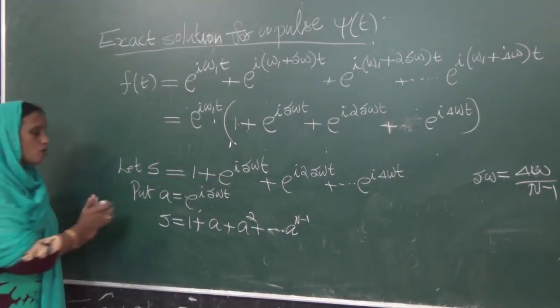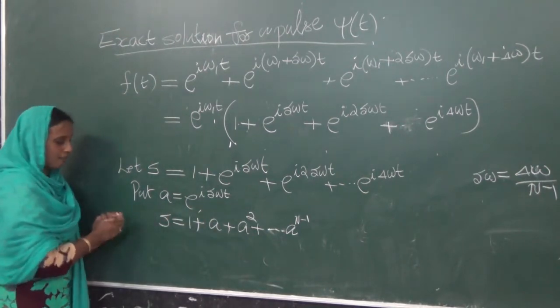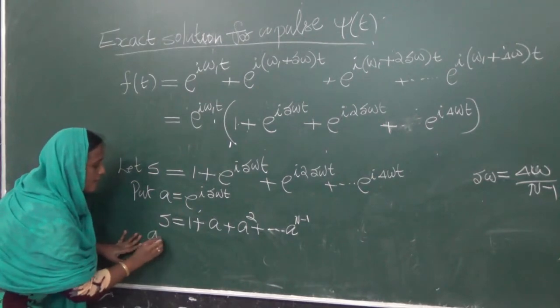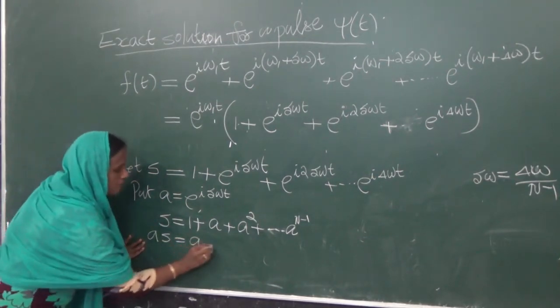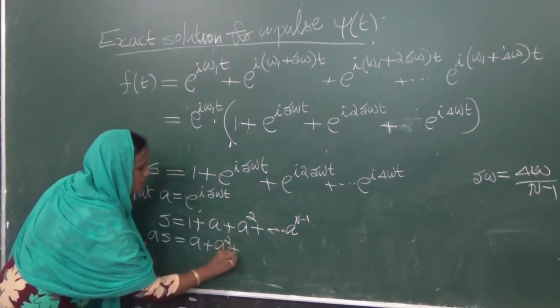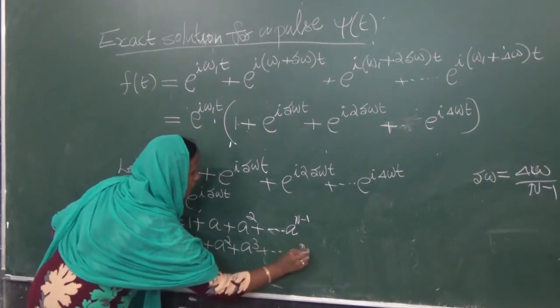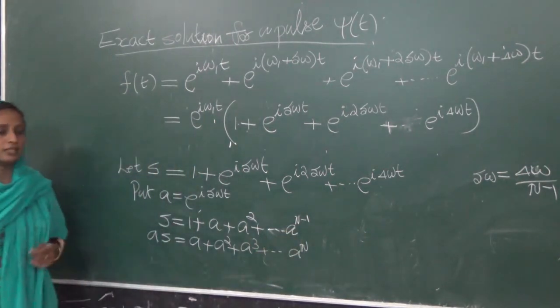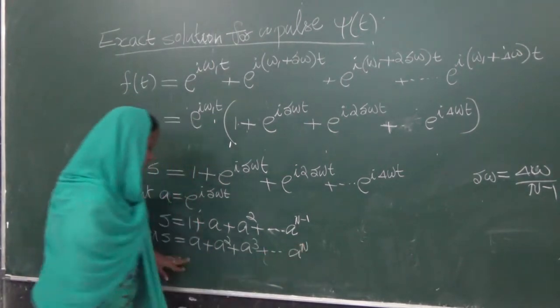Okay. Now suppose we multiply both sides with a. Then what happens? aS equal to a plus a square plus a cube plus etc. up to a raised to n. Okay. Are you familiar with this expression?